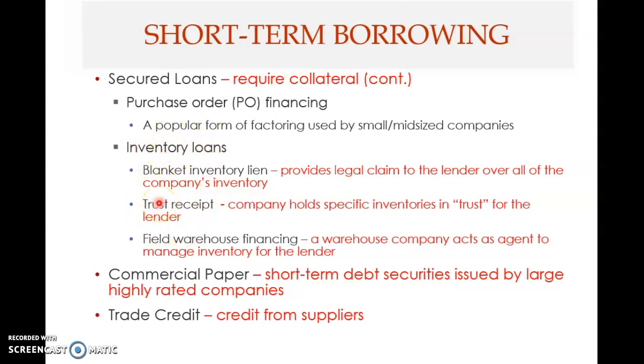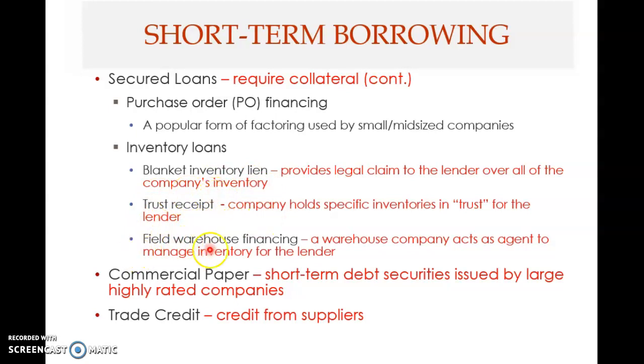They provide the inventory to be held in trust by the lender or the creditor. Once the company sells the inventory, the proceeds of the sale go towards paying the lender or the creditor. That's called a trust receipt.